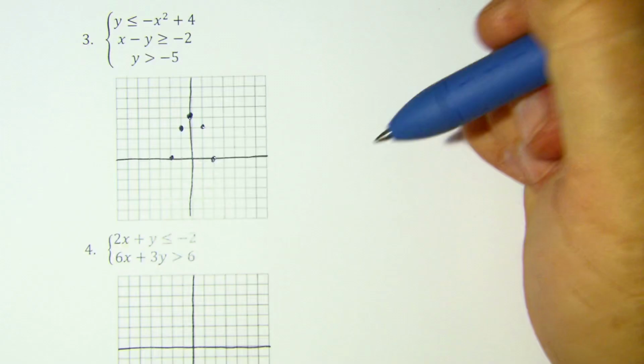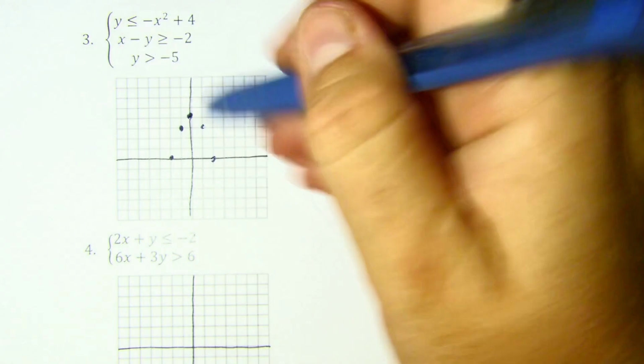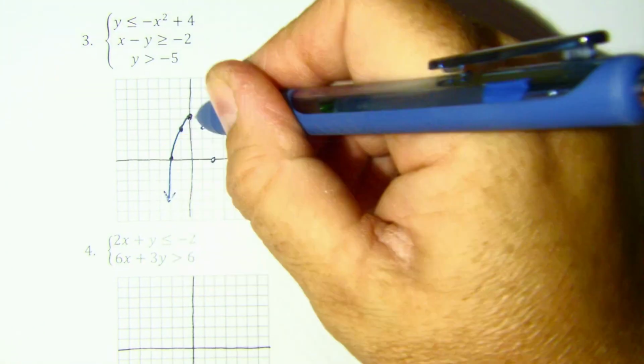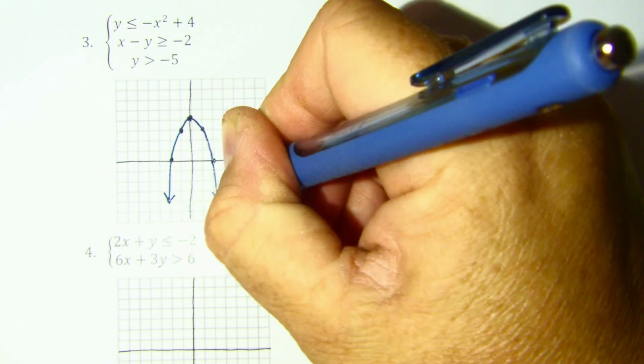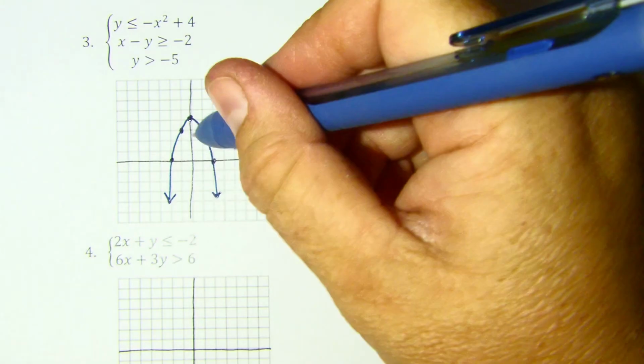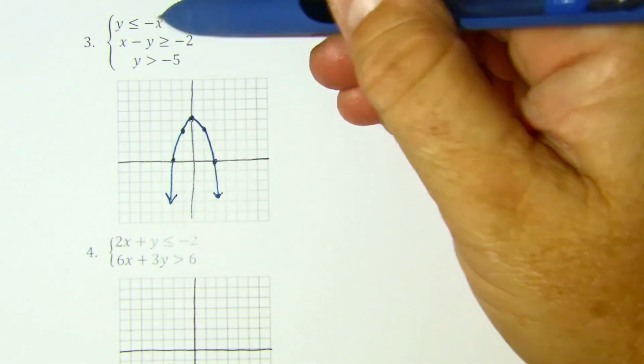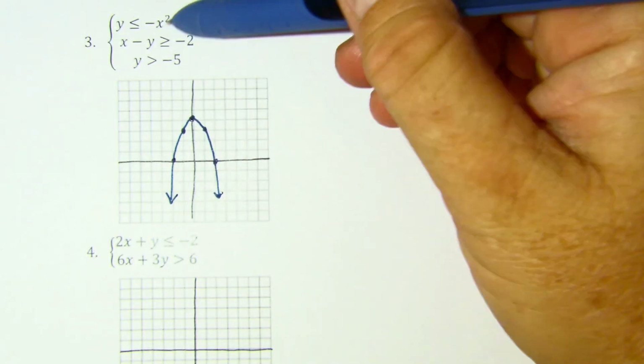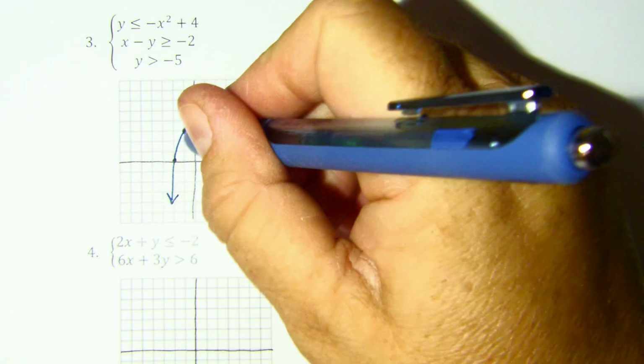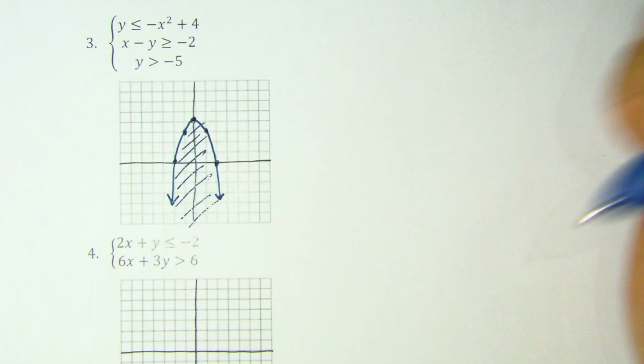So it's a solid line, so I can go ahead and draw that solid line there. And test point, it's either going to be inside the parabola or outside the parabola. So 0, 0, 0, and 0, 0 is less than 4. Yep, that's true. So I'm shading inside that parabola.